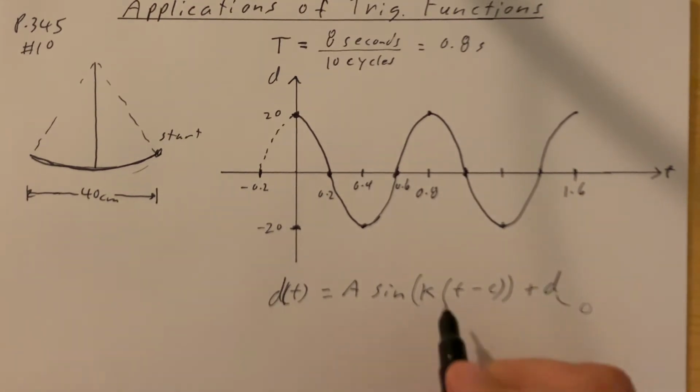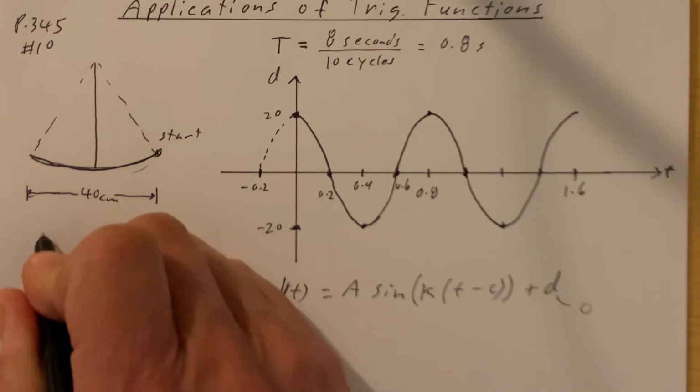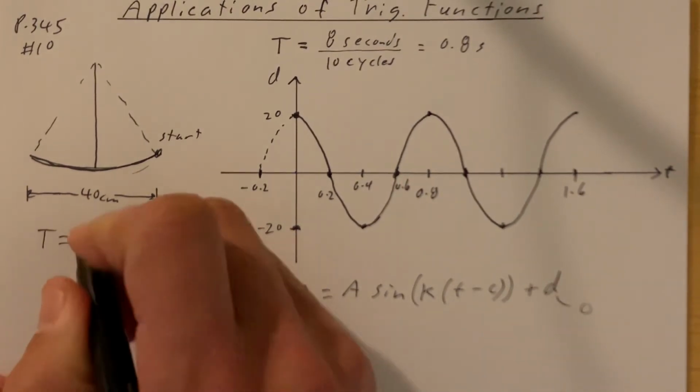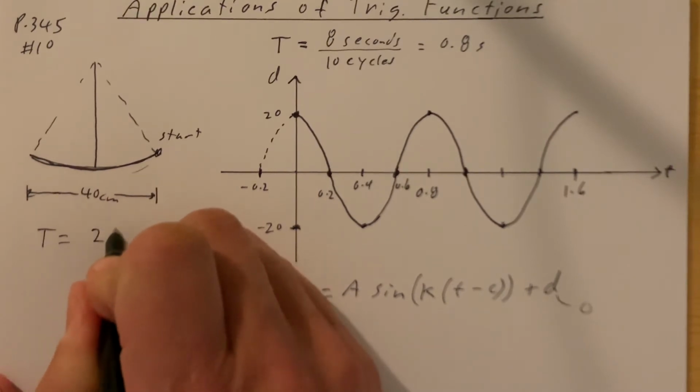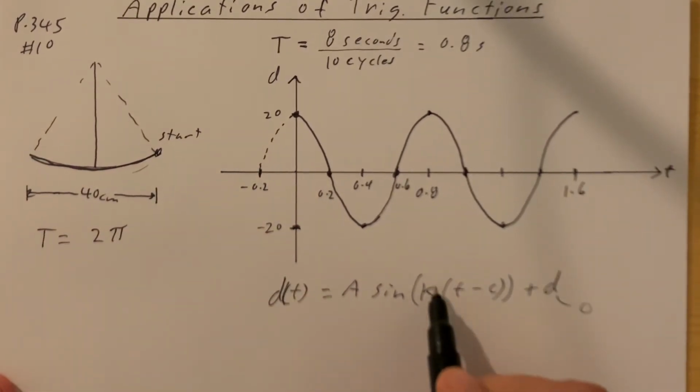So let's figure out what K is, though. The period of a regular sine function is 2 pi. The horizontal stretch factor is 1 over K. Remember, it's 1 over this value here.